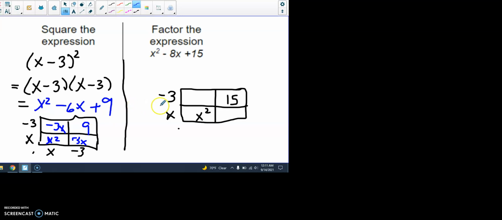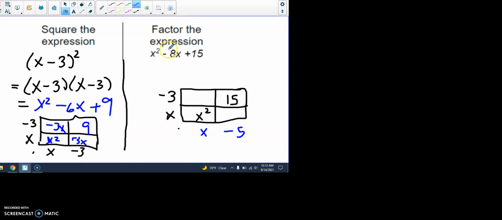So in the problem next to it, we're told that x minus 3 is one of the factors. They're wanting you to find the other factor. So x times x is going to give me the x squared. And then -3 times some number, I need a 15 as a final answer. So hopefully it shows -5, since -3 times -5 is positive 15.